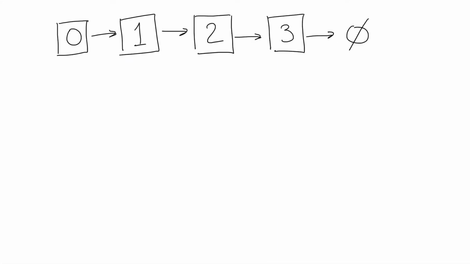Now I will illustrate the stack solution of this problem. So when solving this problem, we first need to find where the middle of the linked list is. It is typically done using two pointers. One pointer is fast and the other one is slow. The slow one moves one node at a time, while the fast one skips a node, so it moves two nodes at a time.